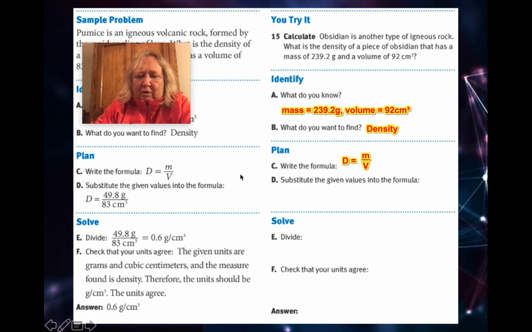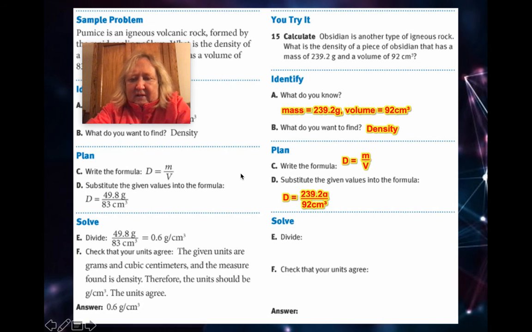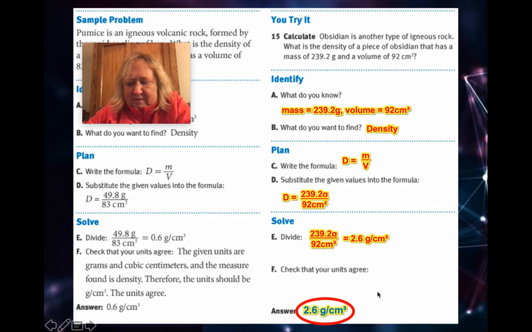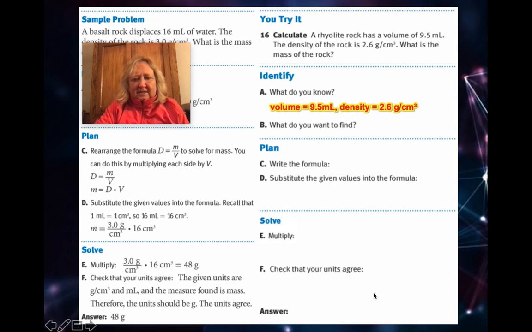So create a formula and you should have written down 239.2 over 92. Then you simply divide with your calculator, and you should get 2.6, or hopefully you did. And again, it's grams over cubic centimeters. And then they want you to make sure your units agree, and they do.